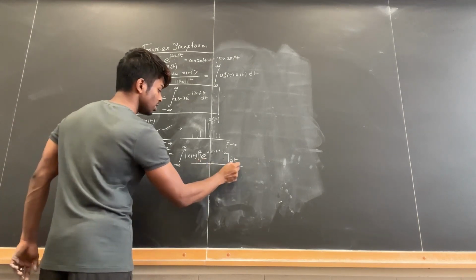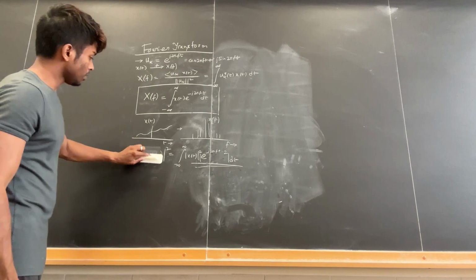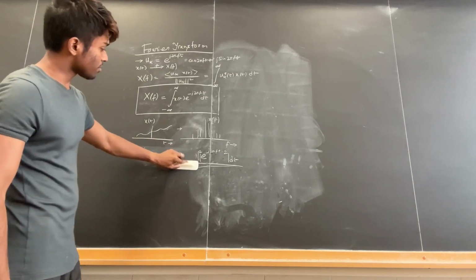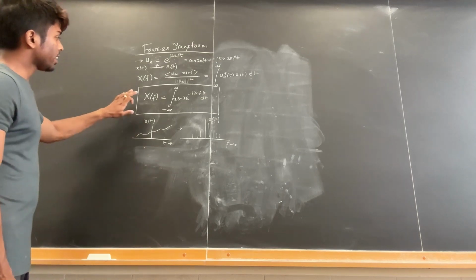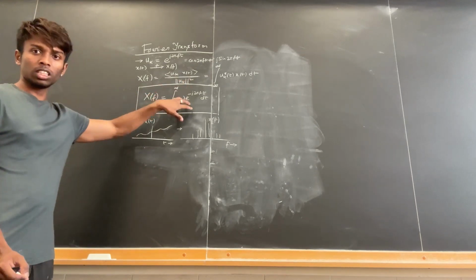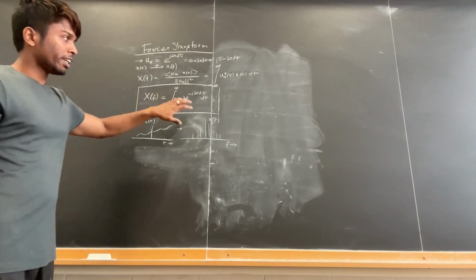And this is basically the energy of the signal at that particular frequency f. So we are saying that this xf is the spectrum of the signal in the frequency domain. This xf gives the measure of the oscillatory behavior of the signal at the frequency f contained in the signal.